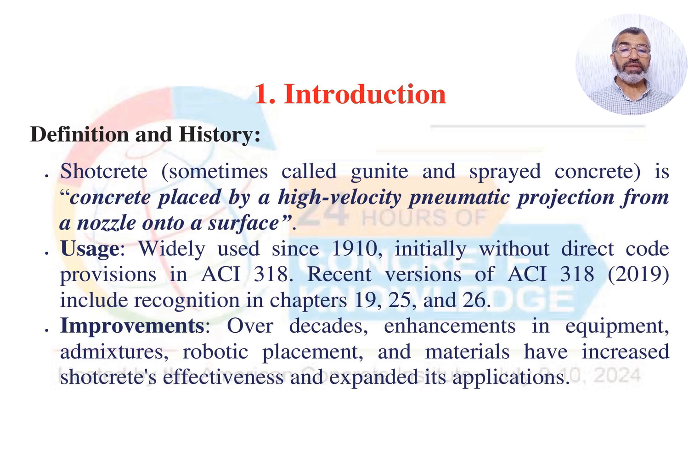For many decades, no specific provisions were presented in ACI 318. Just in the latest ACI edition of 2019, there are recent provisions included in the code, which are distributed over chapters 19, 25, and 26.